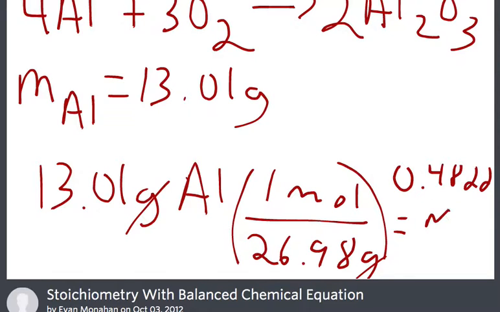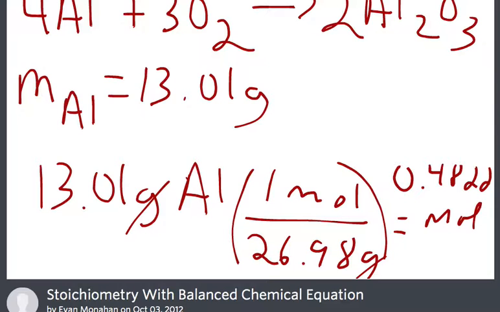0.4822 moles. Okay? So the balanced chemical equation says for every 4 moles of aluminum, I need 3 moles of oxygen to make 2 moles of aluminum oxide. That's what the equation says. I don't have 4 moles of aluminum. In fact, I only have 0.4822 moles of aluminum.